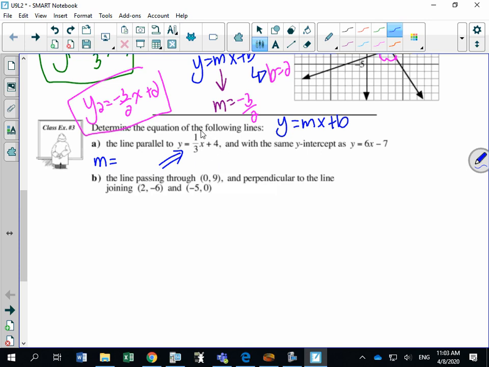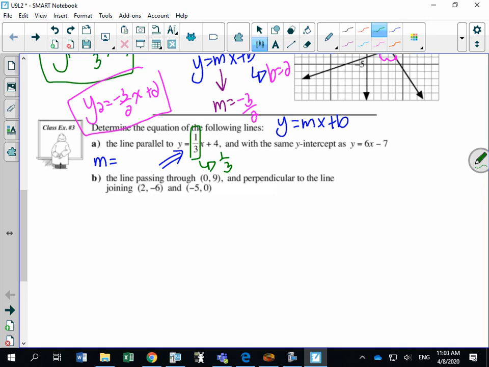And they want the slope of my new equation to be parallel to this. So from the last unit, what does parallel mean? Parallel means it has the same slope. So I have to look at this line here, and say to myself, what's the slope of this line? So the slope of this line is 1/3.